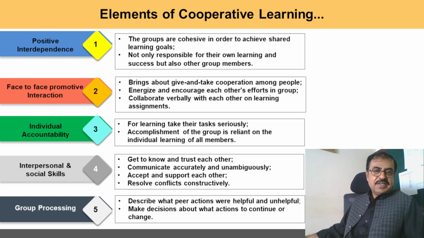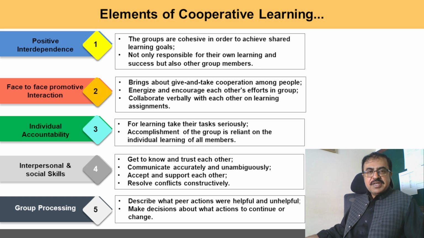It is not that one member of the group learns and the rest do not learn through that cooperative learning exercise. That is not cooperative learning. That's why it is individual accountability. Learning of all is equal to cooperative learning, not learning of an individual group member.